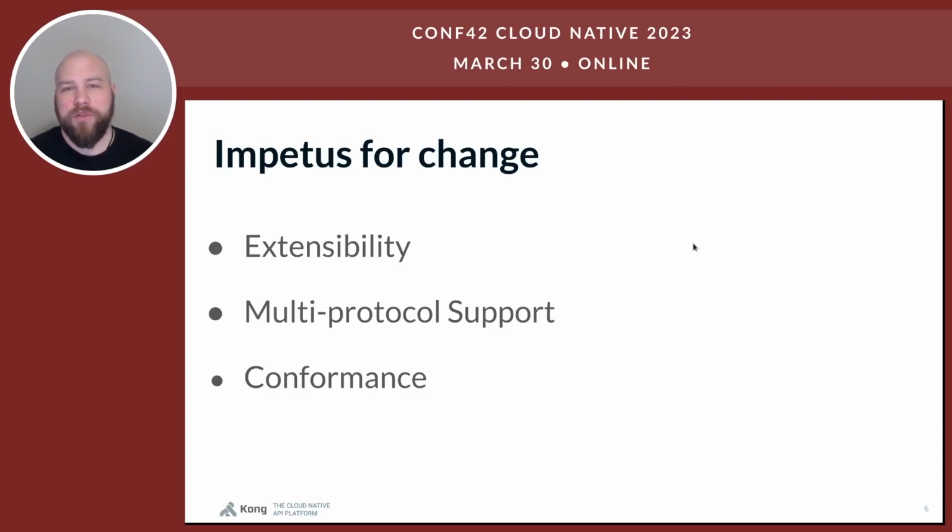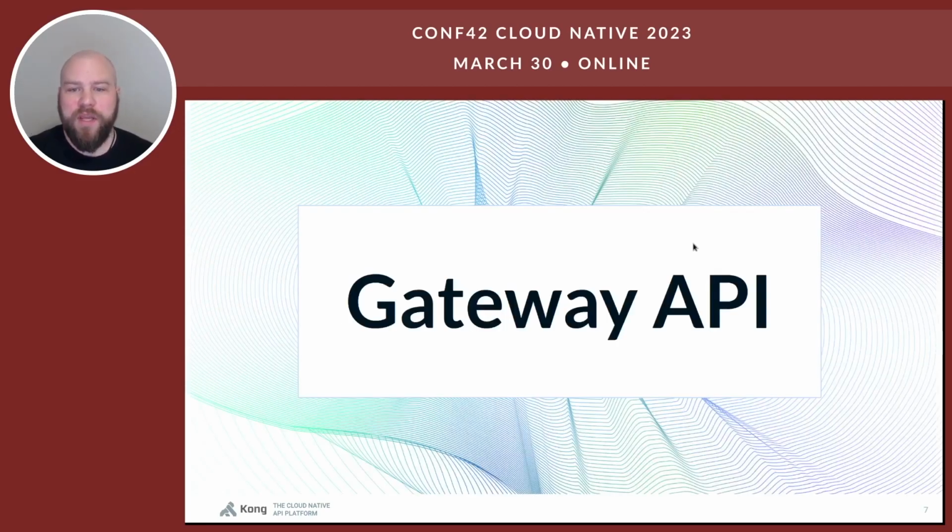And multi-protocol support literally means we wanted to be able to support gRPC, TCP, etc. So with these impetuses for change, let's talk about what Gateway API is and how it tried to bring about that change.